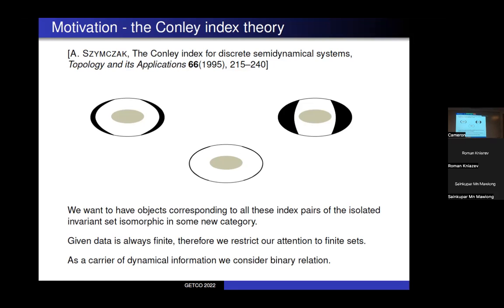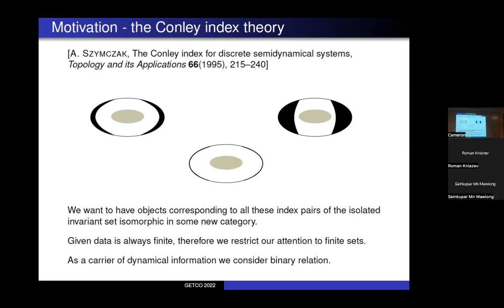Another motivation for us was that in applications we are always dealing with finite sets. So maybe let's look for this Szymczak category for finite sets, since maps are not so big. We want this multivalued flavor.